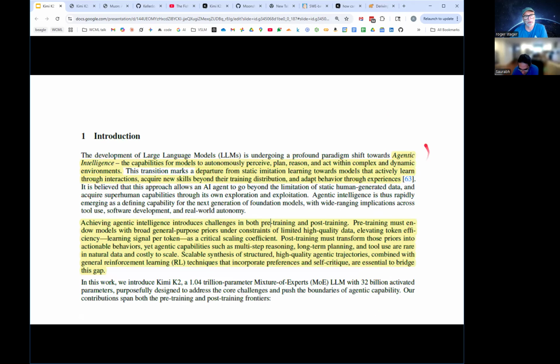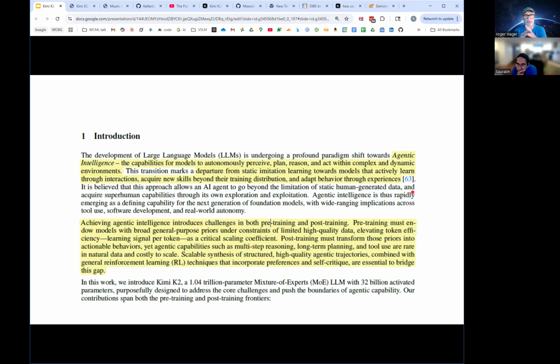In the introduction, they make a point that this agentic intelligence, the idea that these language models are interacting with agents, becomes an important part of the state of the art right now. And that's important because they really emphasize the agent interaction in their post-training process.